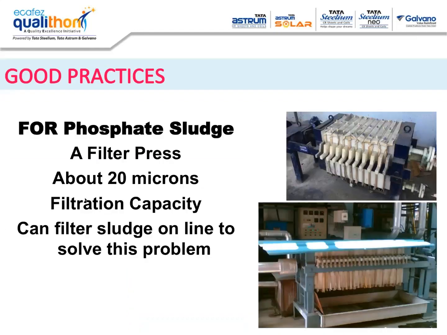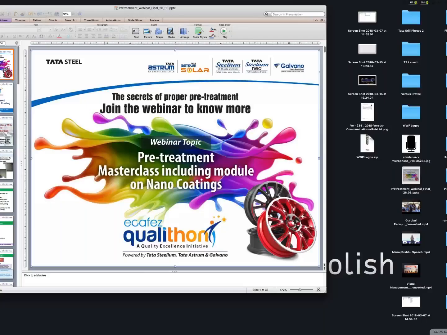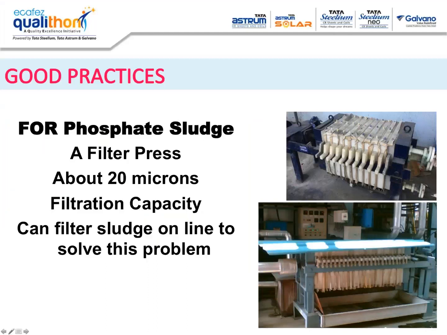Then this is a phosphate sludge. A filter press of about 20 microns of filtration capacity can be installed. Now usually what I observe in the industry is that on weekends people will take out the upper chemical into the next tank and the remaining chemical with sludge they will drain out.